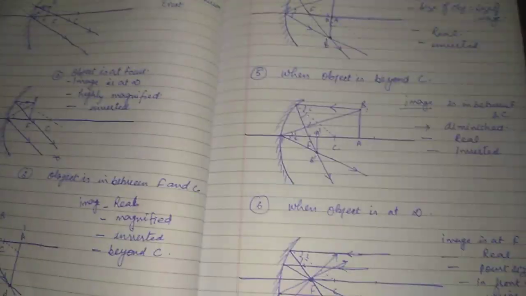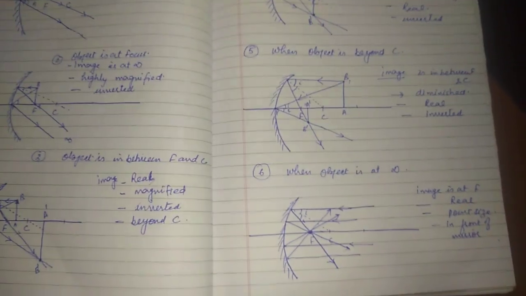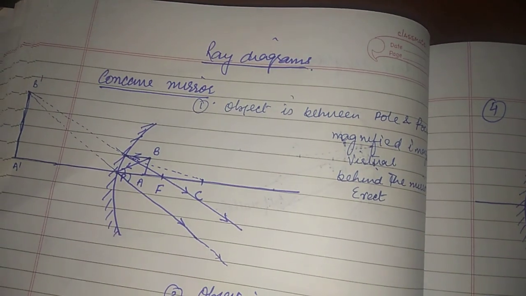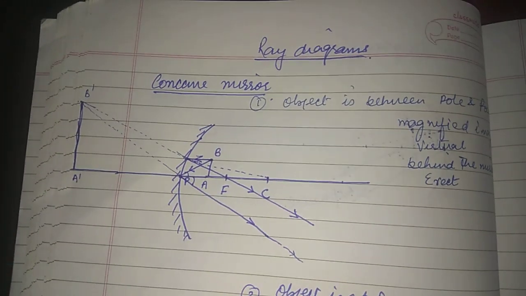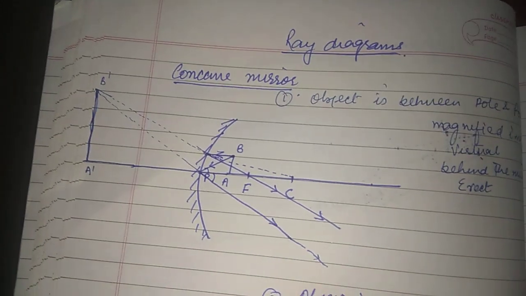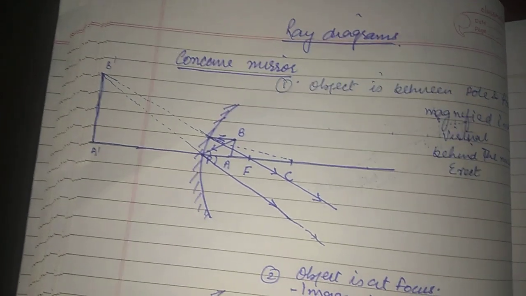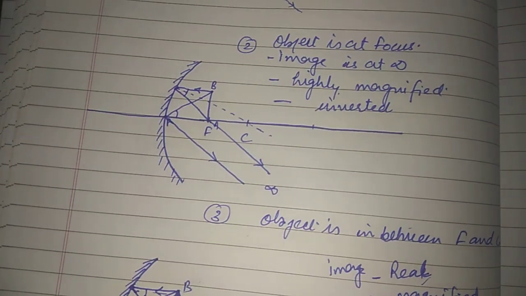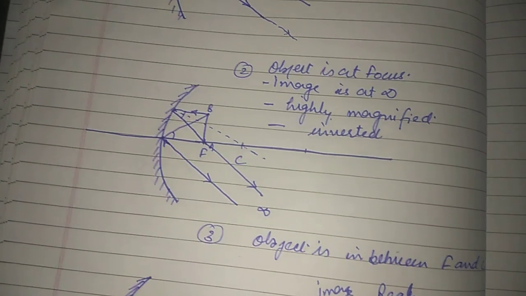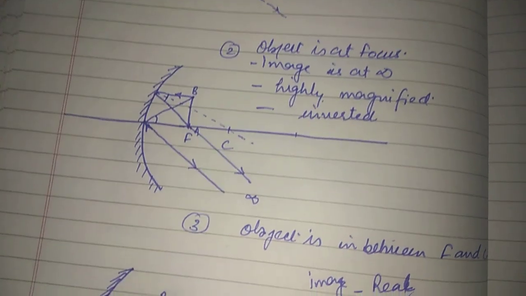So all the 6 images we have discussed for the concave mirror. So this was the first case when the object was between pole and focus. The image was at a point which is lying behind the mirror, and the image was virtual and magnified. And in the second case, when the object is at focus, then the image would be at infinity.